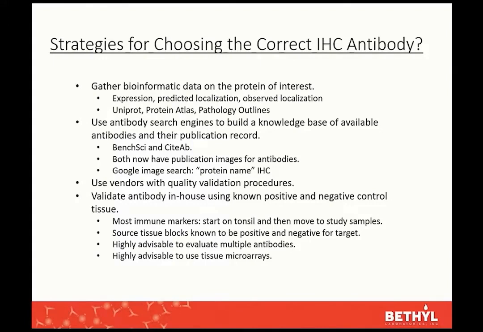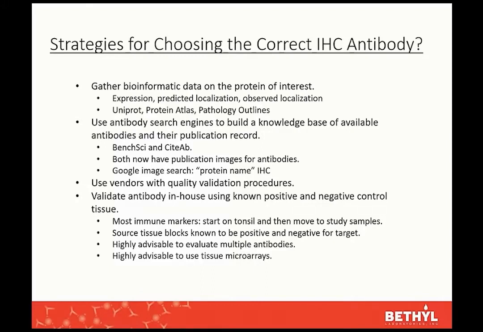It's a great way to look at all the images and examples of staining. And what you can see very quickly from that search is if you start seeing that the actual images show different patterns of staining, then that's a red flag that you're going to have to be extra careful purchasing an antibody for that clone.